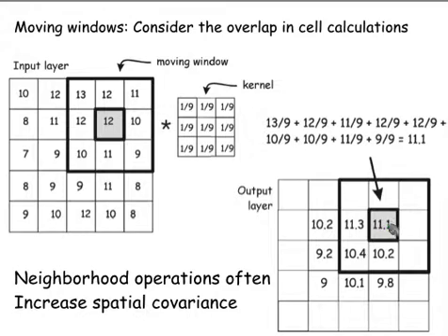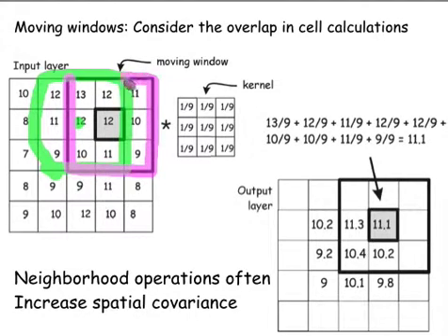Now, you have to remember that I'm just moving this window over one at a time, so the calculation for this set of cells here that goes in this location overlaps quite a bit with the set of cells here that I'm highlighting. There are 6 of the 9 cells in common. So we often increase the spatial covariance or autocorrelation because these two cell values in their calculations share 6 of the 9 cells.